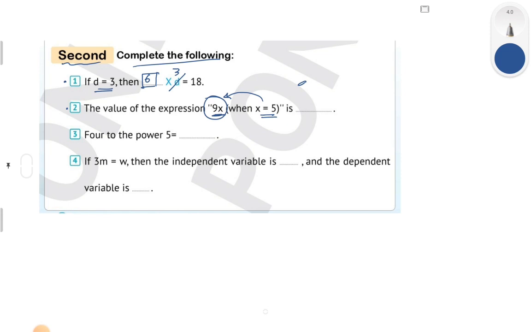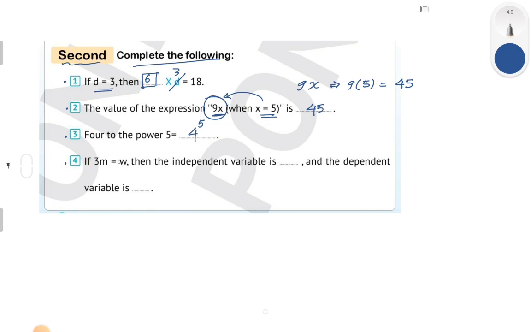Now 9x will be 9 by 5. 9 by 5 equals 45. Okay, next point, 4 to the power 5. That means 4 to the power 5.